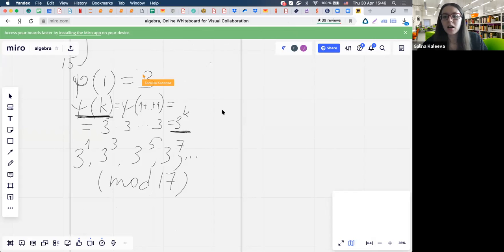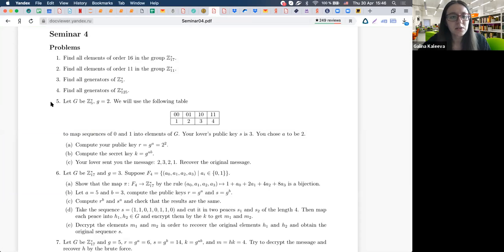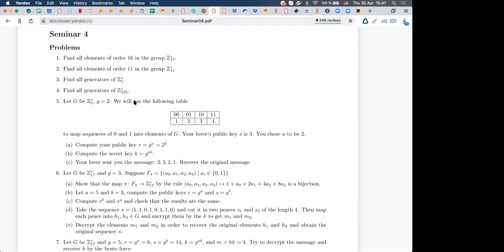Not a problem. So let's discuss some points concerning the fourth problem, because here we don't have a prime order. 125 is not a prime number, and we can say that the order of our group of invertible numbers equals phi of 125. So what's the order of the group in problem number 4? How can we find it? What do we remember from the lecture? Using the Euler totient function.